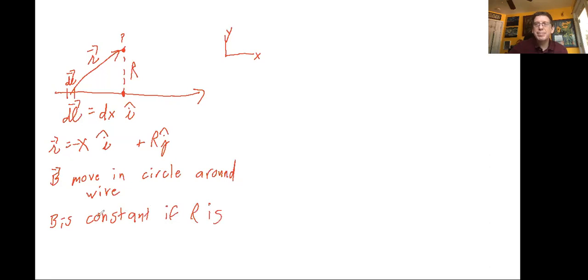And again, that's the magnitude of B. And that's going to come into play when we talk about Ampere's law in a little bit. So the magnetic field is constant along that circle, but how do we figure out the magnetic field? At least by integration. So we have dl, we have r. We need to figure out dl cross r.